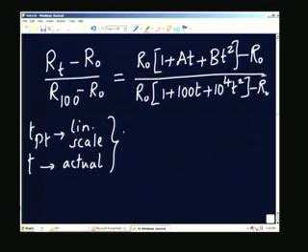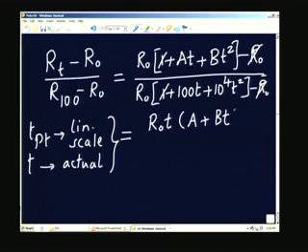And this can be further written as: this R naught will cancel with this R naught, and similarly this will cancel with this. This becomes R naught into T, I can take it outside, into A plus B T, divided by 100, I can take outside, into T plus 100.